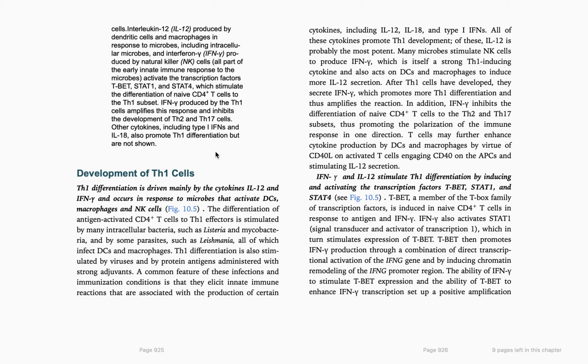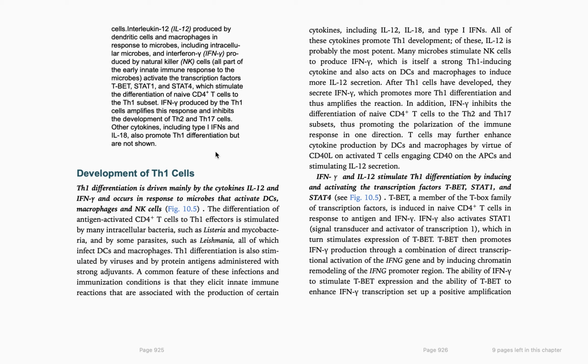Interferon gamma and interleukin 12 stimulate Th1 differentiation by inducing and activating the transcription factors TBET, STAT1 and STAT4. TBET, a member of the T-box family of transcription factors, is induced in naive CD4 T cells in response to antigen and interferon gamma.